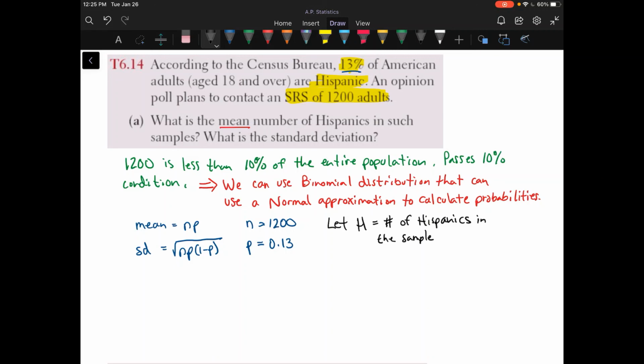Then we get the mean of H equals 1,200 times 0.13, which is 156, and the standard deviation of H equals the square root of 1,200 times 0.13 times 1 minus 0.13, or 0.87, which equals 11.65.